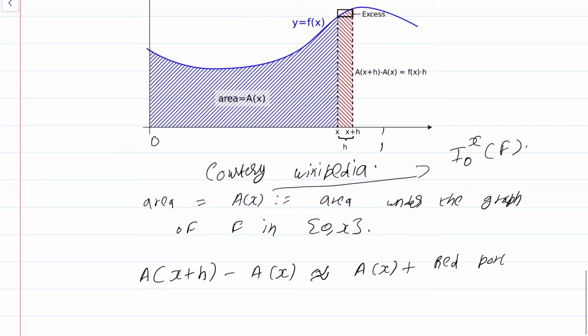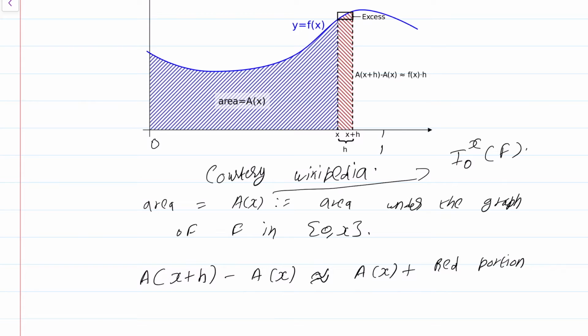So A of x plus h will be nothing but A of x plus the area of the red portion in this picture. That red portion area is not approximately equal, it is exactly equal. Now this red portion is approximately equal to f of x into h. In fact, we can write it as f of x into h plus an excess portion, what they have called excess, this part.